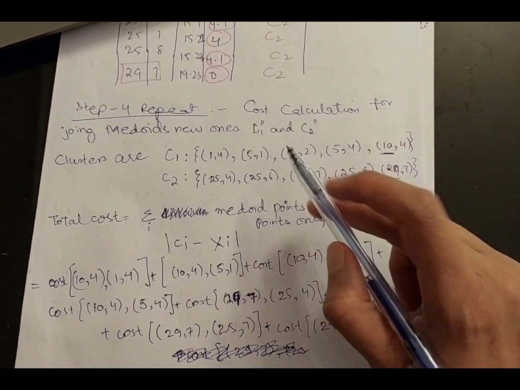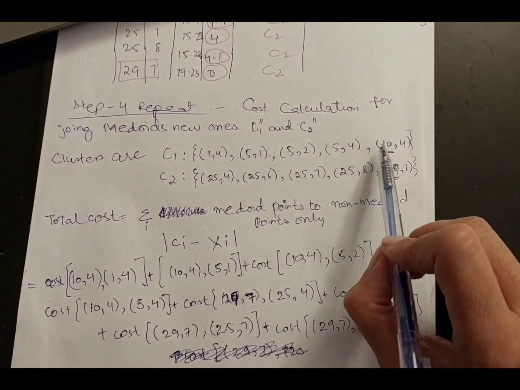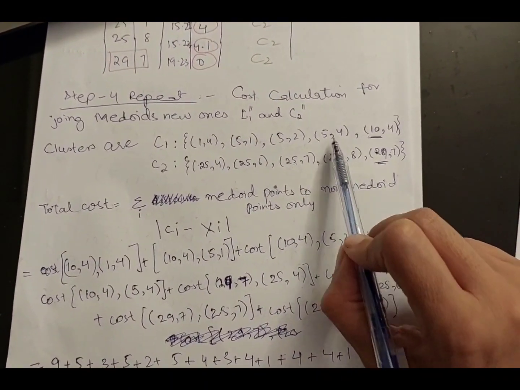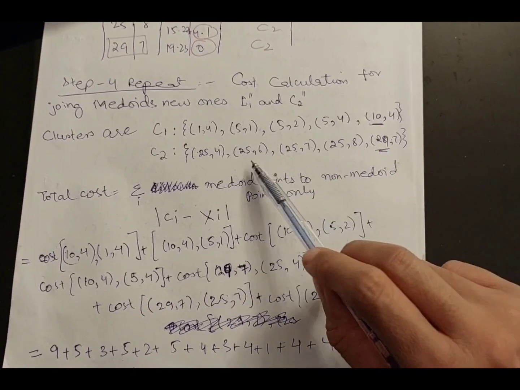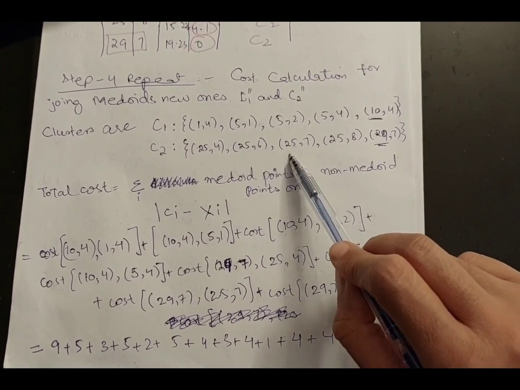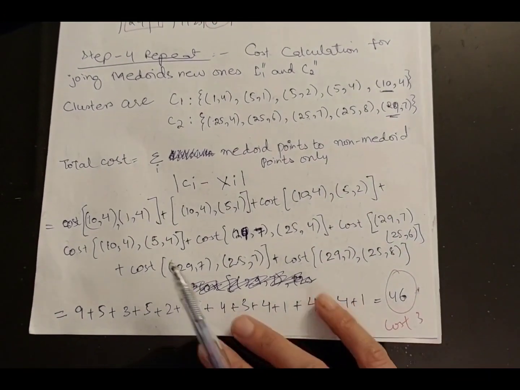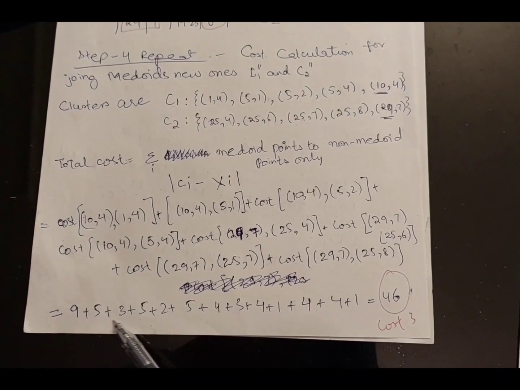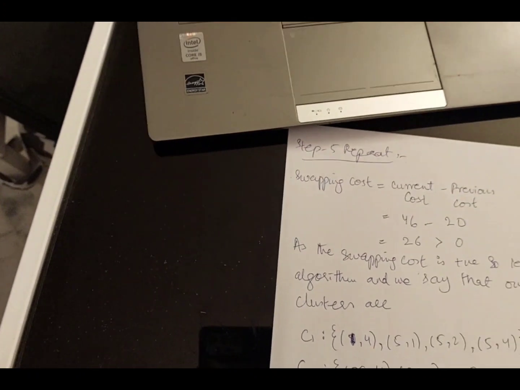So from 10 4 to 1 4, from 10 4 to 5 1, from 10 4 to 5 2, and from 10 4 to 5 4. And then from 29 7 to 25 4, 29 7 to 25 6, 29 7 to 25 7, and 29 7 to 25 8. When we calculate the costs with the help of city block distance, we get these values, and when we add them, the answer is coming out to be 46.